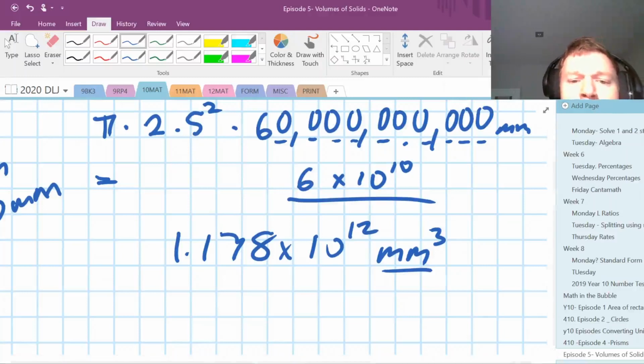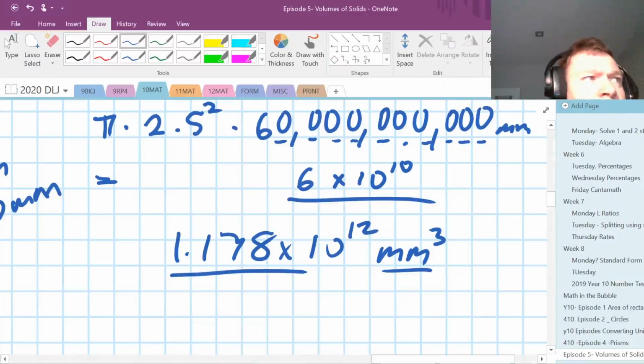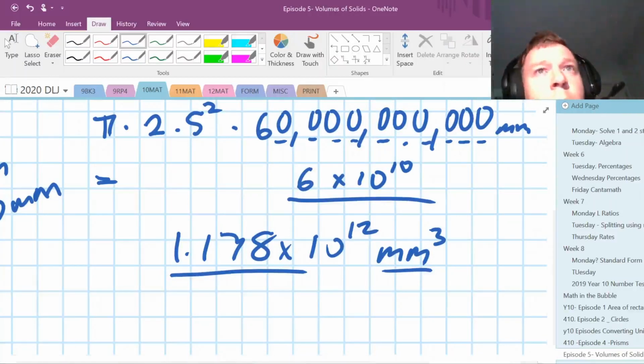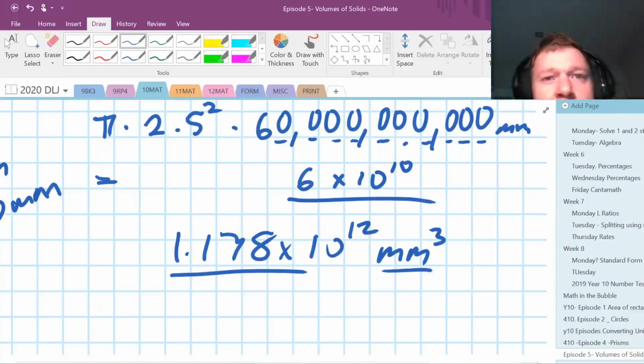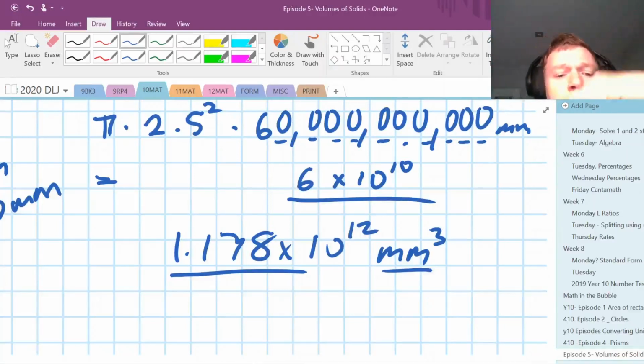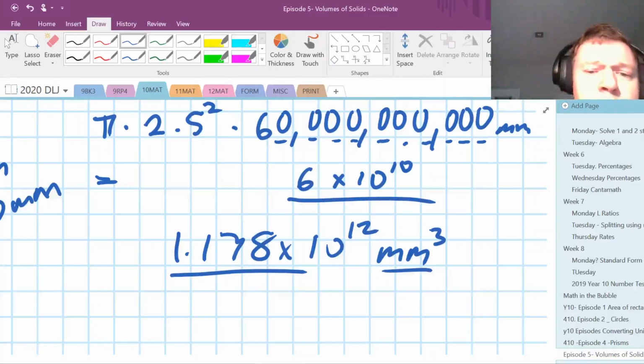We can't really conceive of this unit as it is, so let's put it into meters cubed. We can sort of perceive what a meter cubed is. Like it's something that's a perceivable value. So let's think about how that would change.